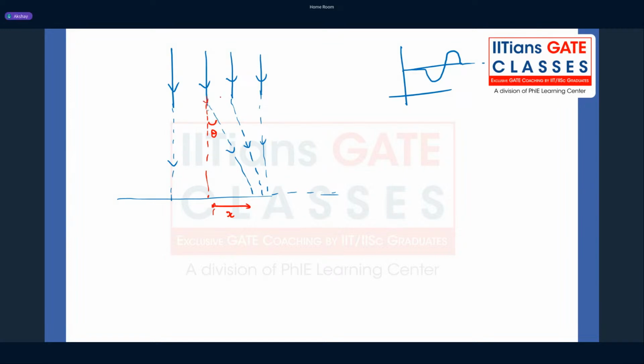So compared to your original direction of the light ray and the bent light rays, if they are falling at different instances, how much difference they have with respect to each other. So that's what the phase difference is all about.